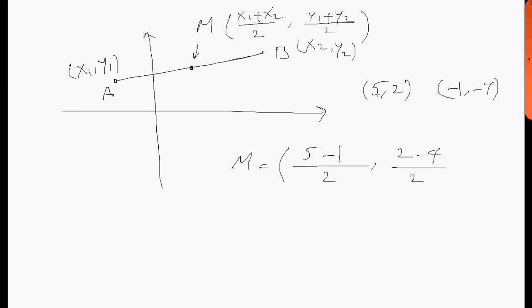I'm just adding up 5 and -1 divided by 2, adding up 2 and -4 divided by 2. That gives me, this is 4 over 2, just 2. This is -2 over 2, which is -1. So this is the midpoint between these 2 given points.